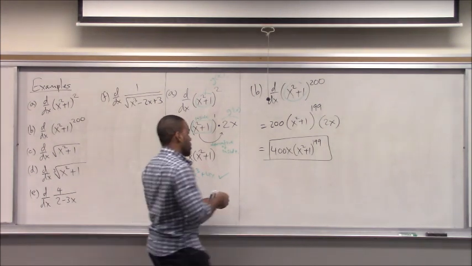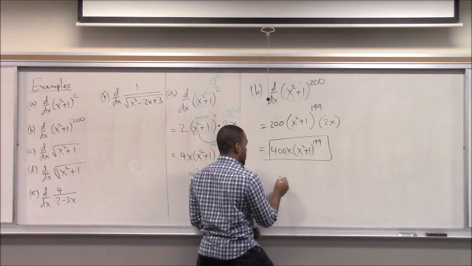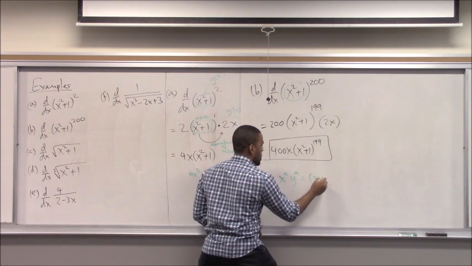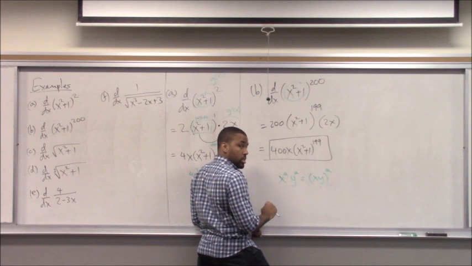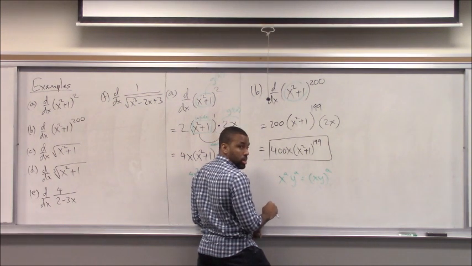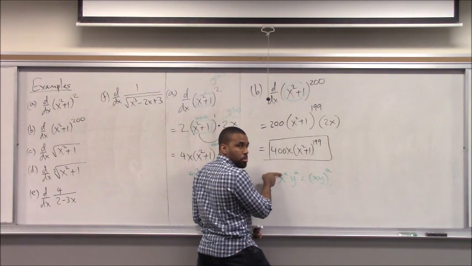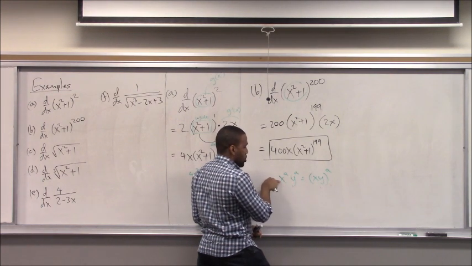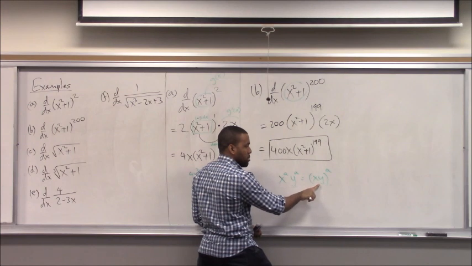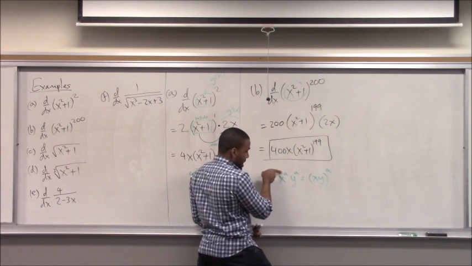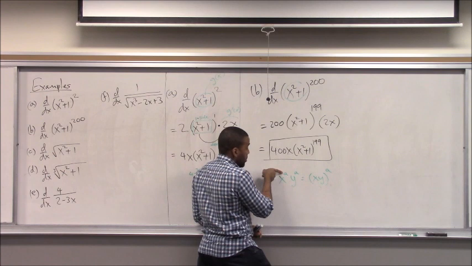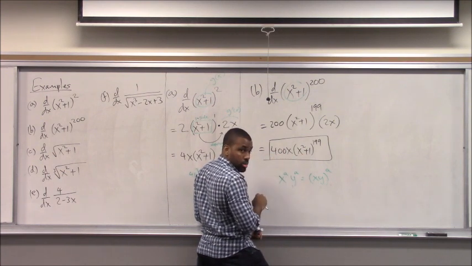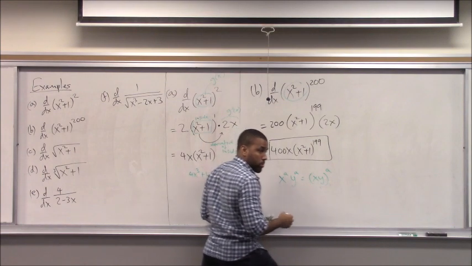Remember, the reason is that there's a law of exponents that says the only way I can bring something inside of a parentheses with a power on it is if that thing itself has the same power. The 400x does not have a power 199, so I cannot bring it inside, because that would violate the law of exponents.